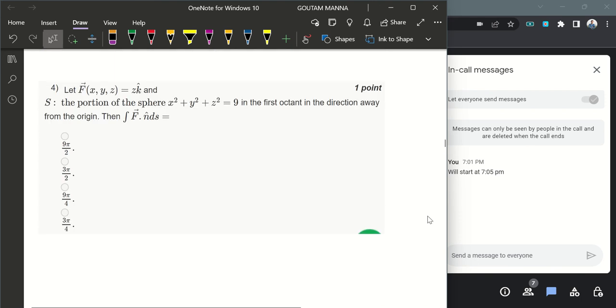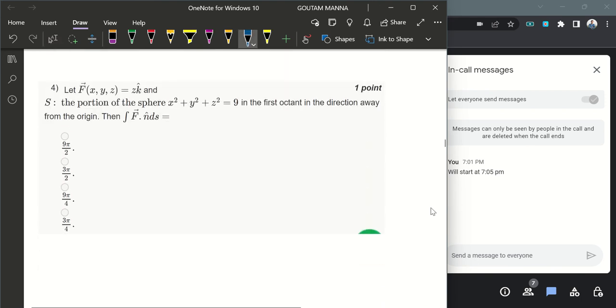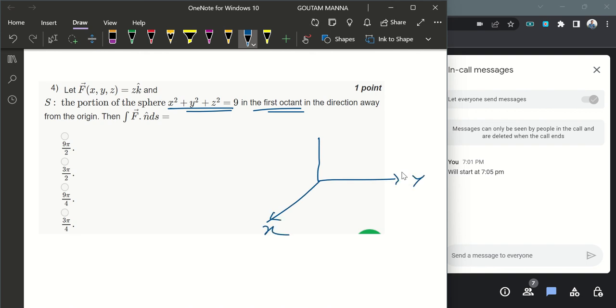So now the fourth problem. The fourth problem is, we are asked to find the surface integration of this vector quantity, and the surface is given by the sphere, in the first octant, so we are basically inside this region, x, y, z.